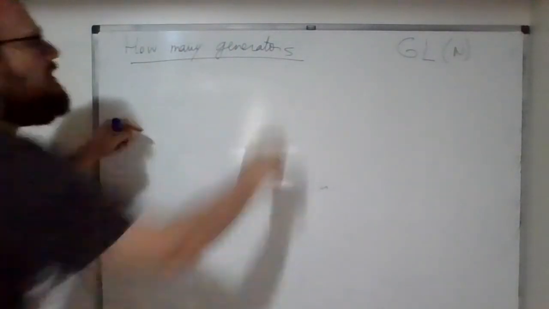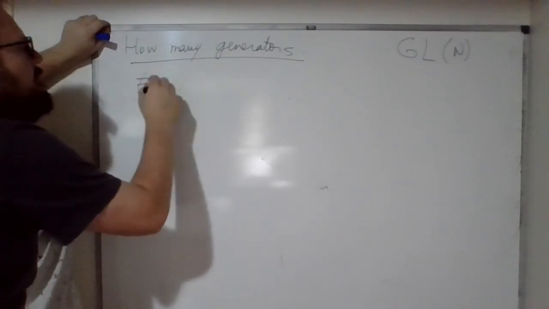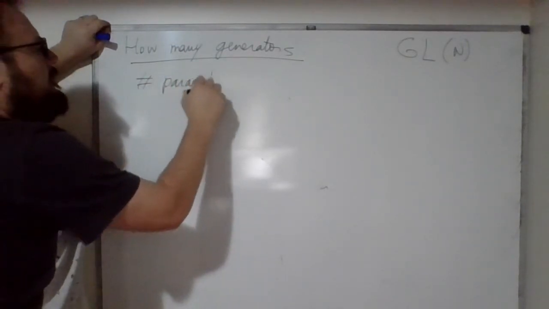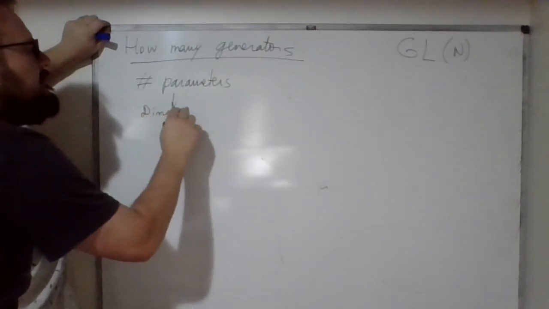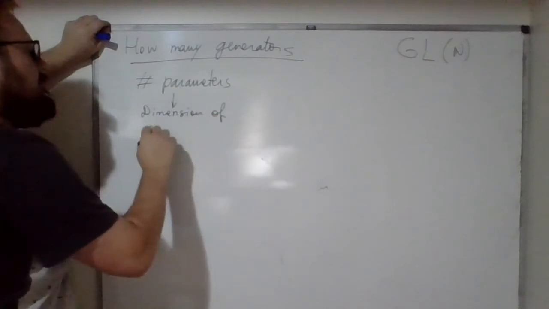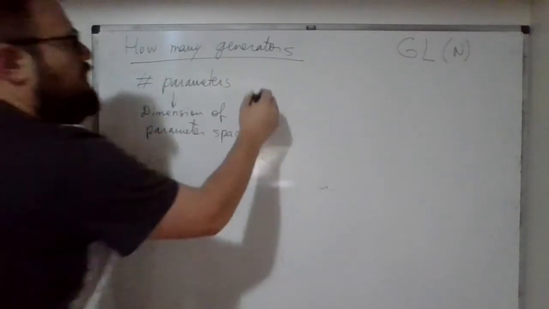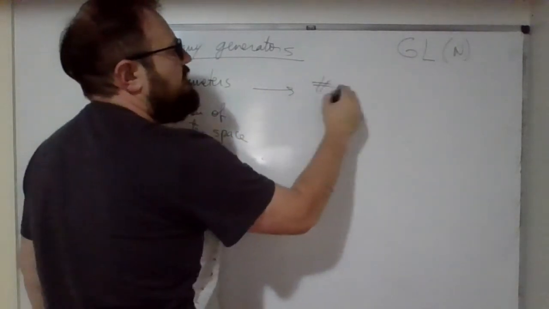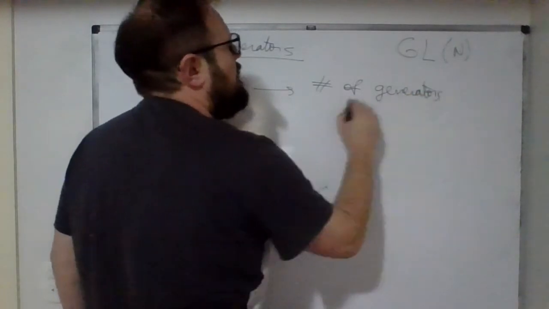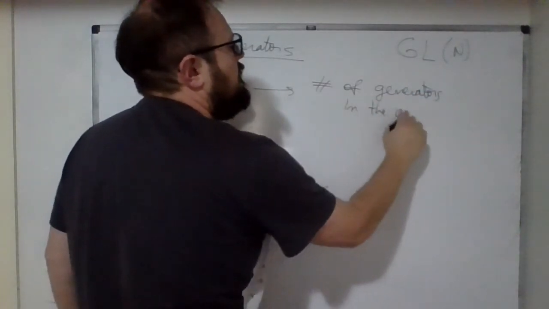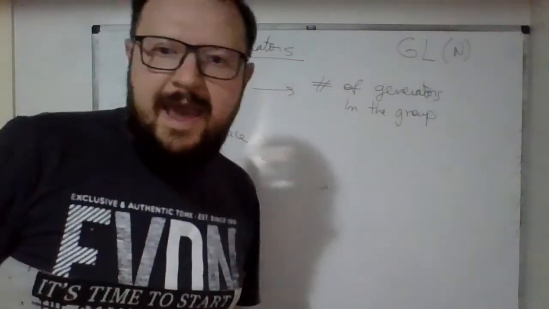So how many generators? The number of parameters, which is the dimension of the parameter space, will correspond to the number of generators in the group. All right, this is what we have.